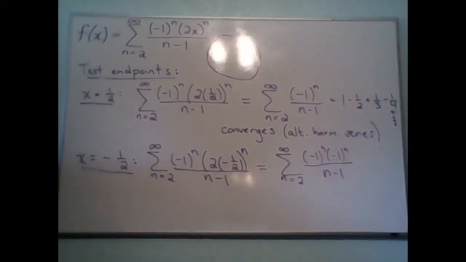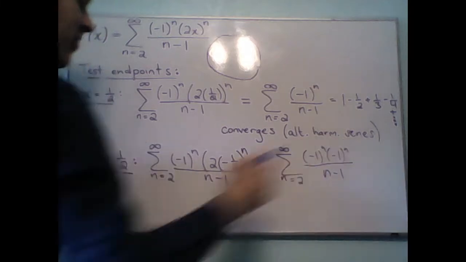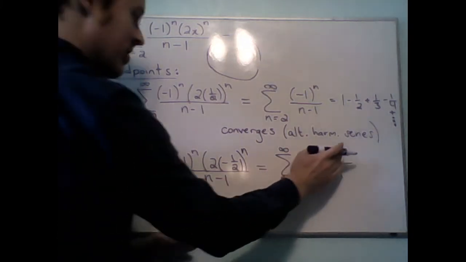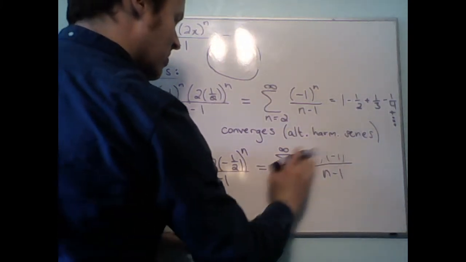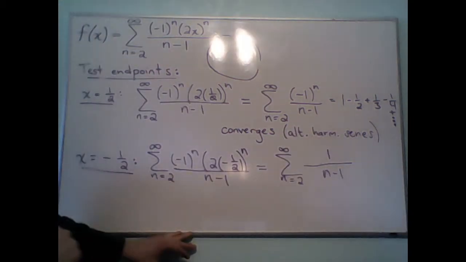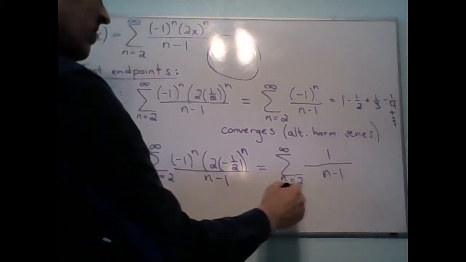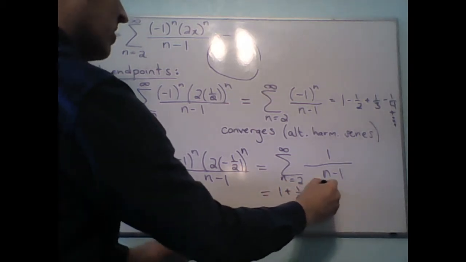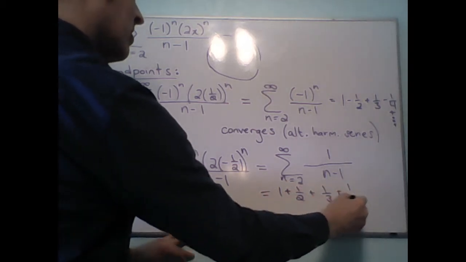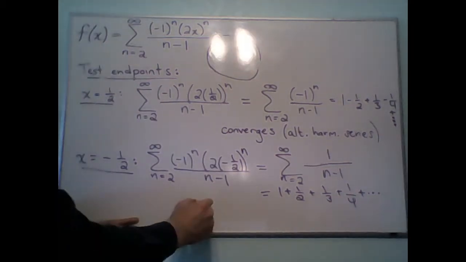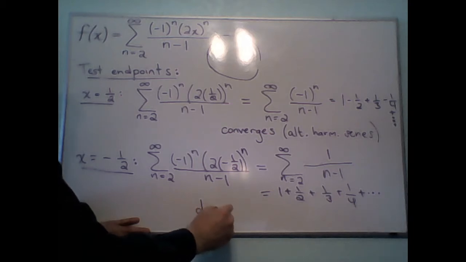Here I'm going to cheat a little bit. Negative 1 to the n times negative 1 to the n for any particular value of n is going to be either 1 times 1 or negative 1 times negative 1, which is 1, regardless. So if I write out the first few terms of this, it is 1 plus 1/2 plus 1/3 plus 1/4. This one is just the ordinary harmonic series, which diverges.